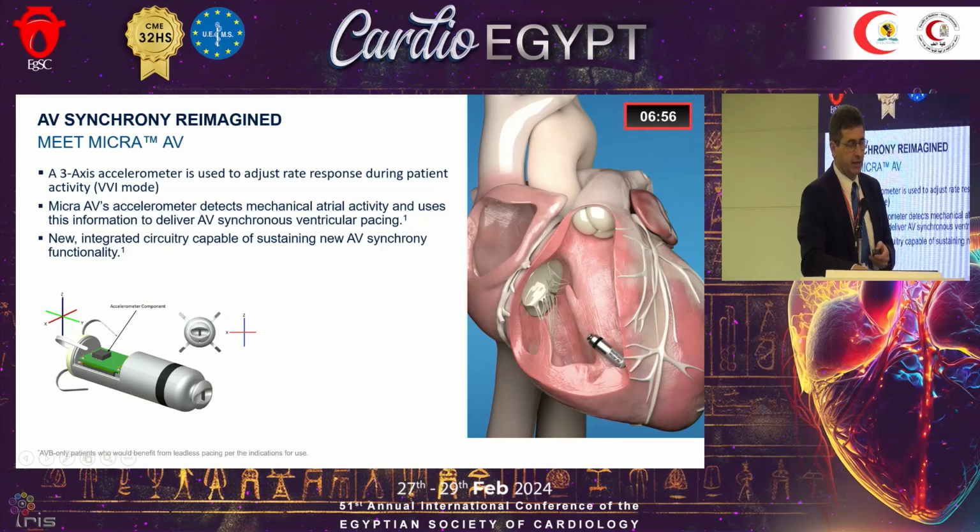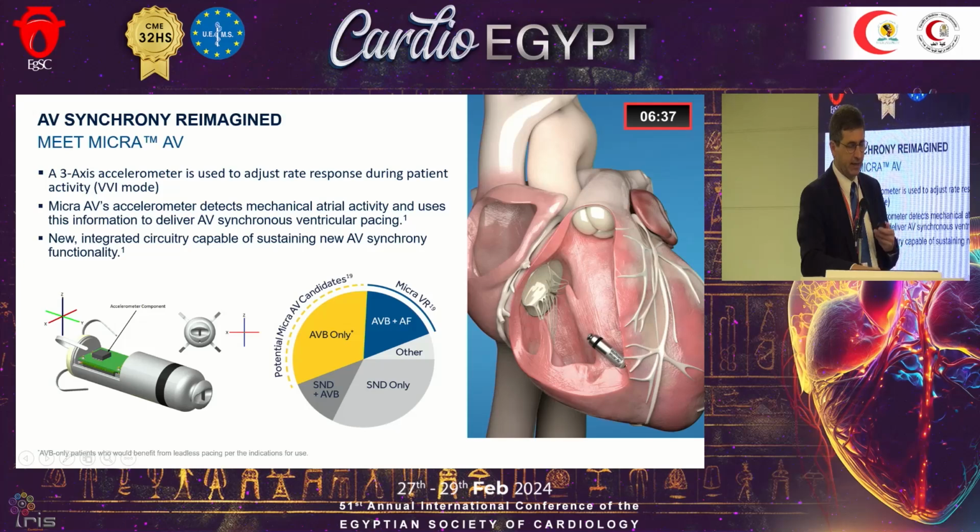If you're looking at the Micra, the Medtronic device, it has the option of AV synchronous pacing. The background is the accelerometer in the pacemaker that catches the vibration of the atrioventricular inflow and can detect more or less the atrial function. And using this device, we can get the patients in AV synchrony in case of sinus rhythm and AV block.